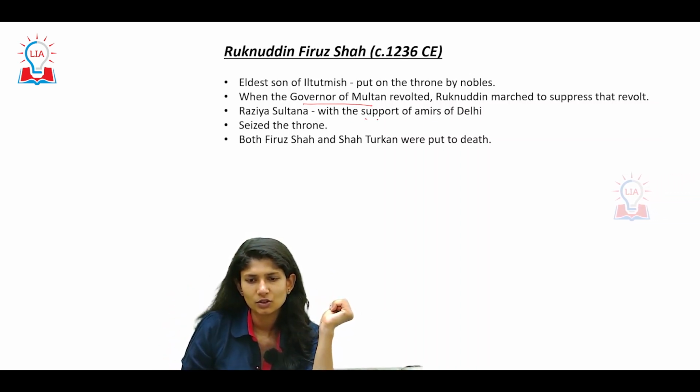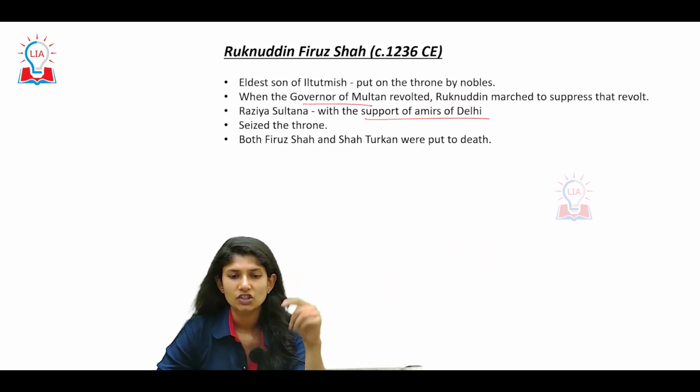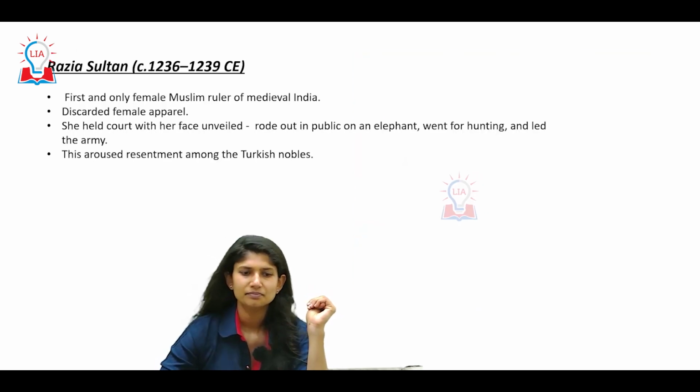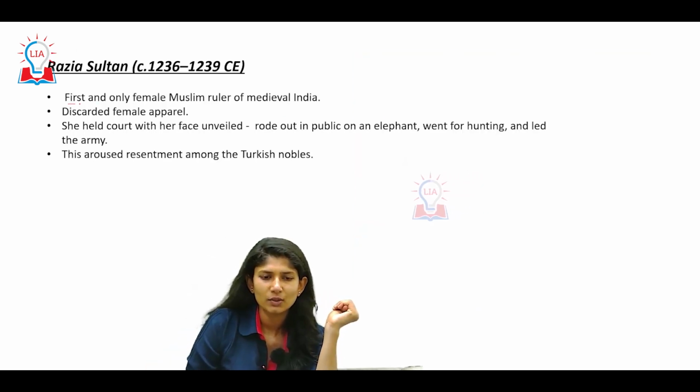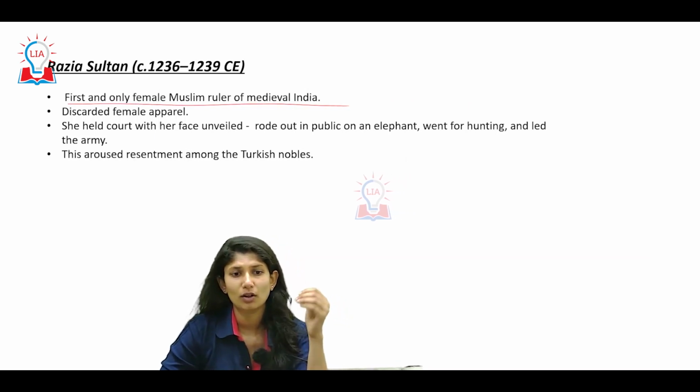At this point, she took the support of the Amirs of Delhi. She seized the throne and became the new Sultana of the Delhi Sultanate. First and only female ruler of medieval India. Pretty much a very big accomplishment at that period of time.